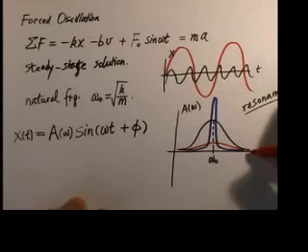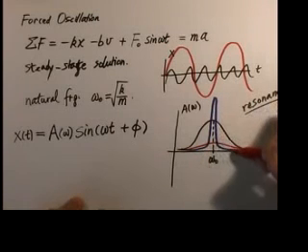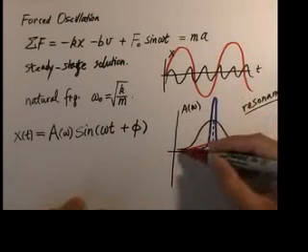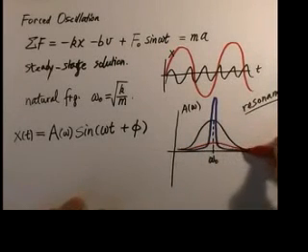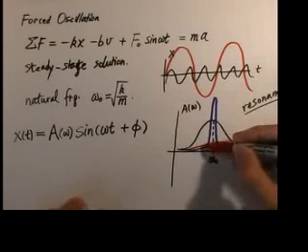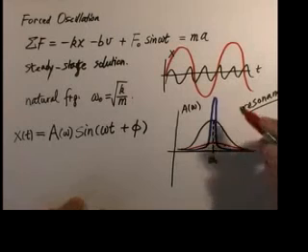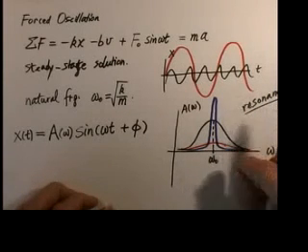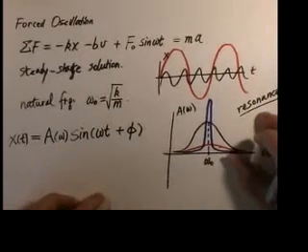So when you buy a radio or a TV set, you want a tuner that is highly selective so that you can pick up whatever frequency or channel you want to listen to or watch. You don't want something like that as a tuner, because then you're going to listen to a whole bunch of stations at the same time, because the response is not that different from one another.